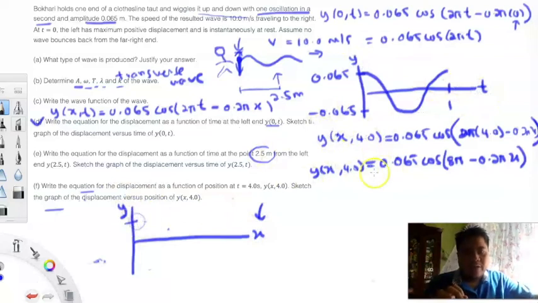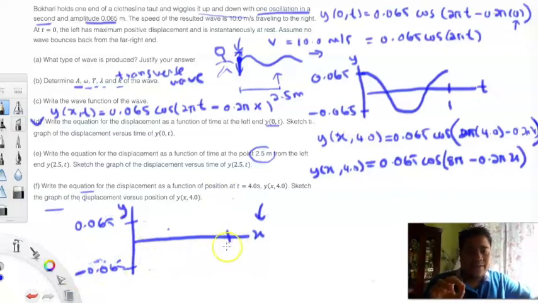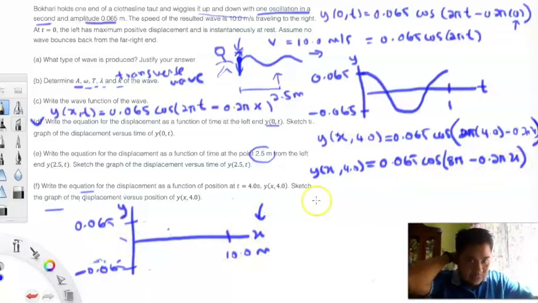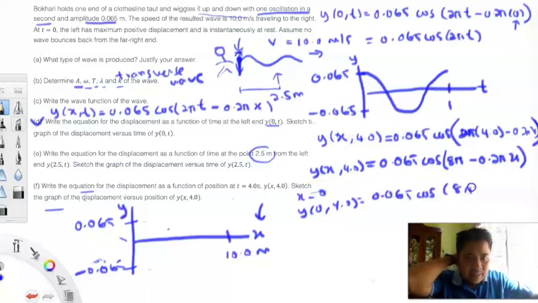Okay, so from this equation we can get information of the amplitude, 0.065. Now this is not period, this is wavelength. The wavelength we got is 10 meter, right? Wavelength is 10 meter and cos(8 pi minus 0.25x). So now we want to know what is the value at x equal to 0. So at x equal to 0, y at 0, 4 equal to 0.065 cos(8 pi minus 0.25 times 0).